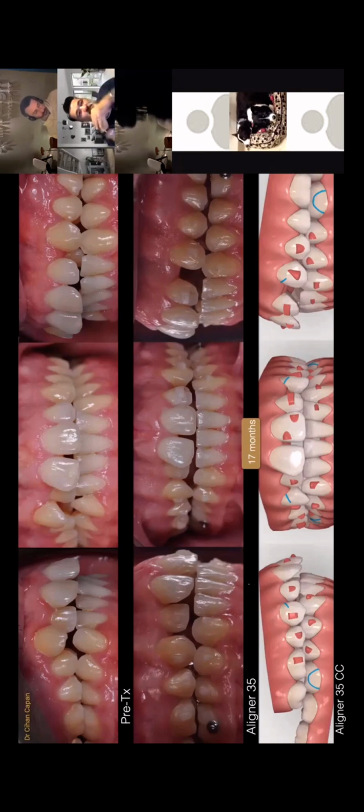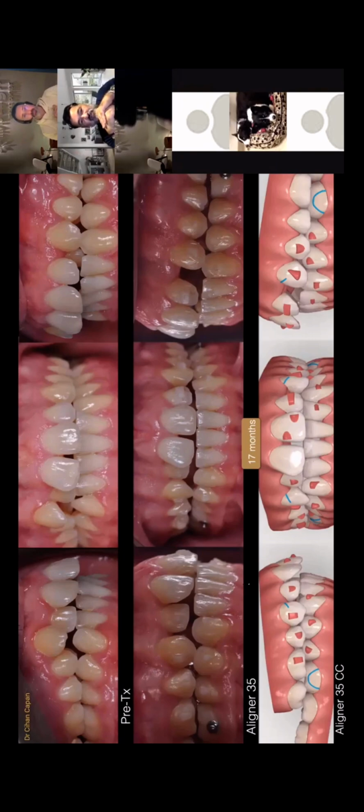Why? Because Mr. X was an engineer, and I think you all know that engineers think a little bit differently. He wore his class 2 elastics not just at night, he wore them 24 hours because he thought that if I wear them 24 hours, my treatment will be much quicker and we will finish earlier.